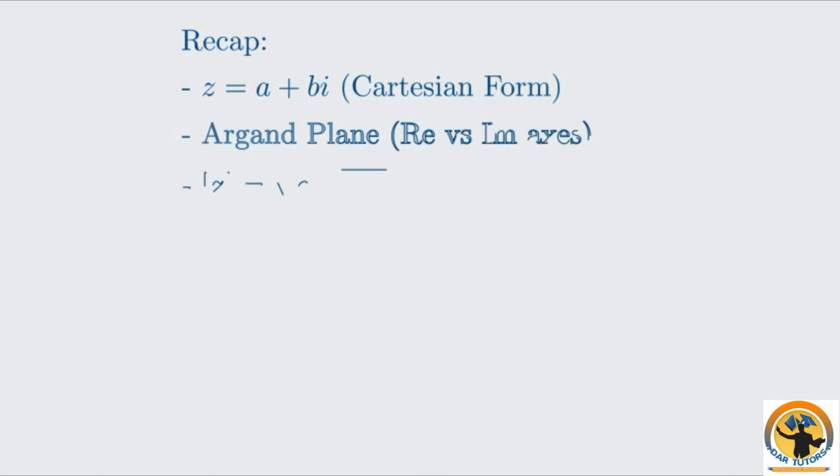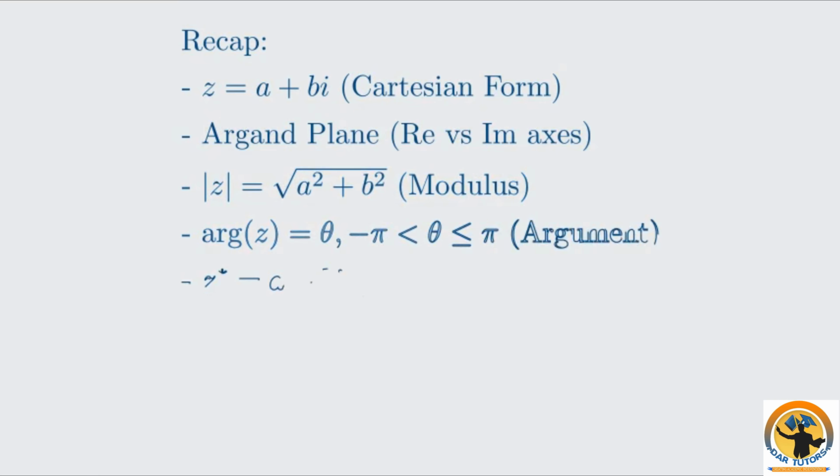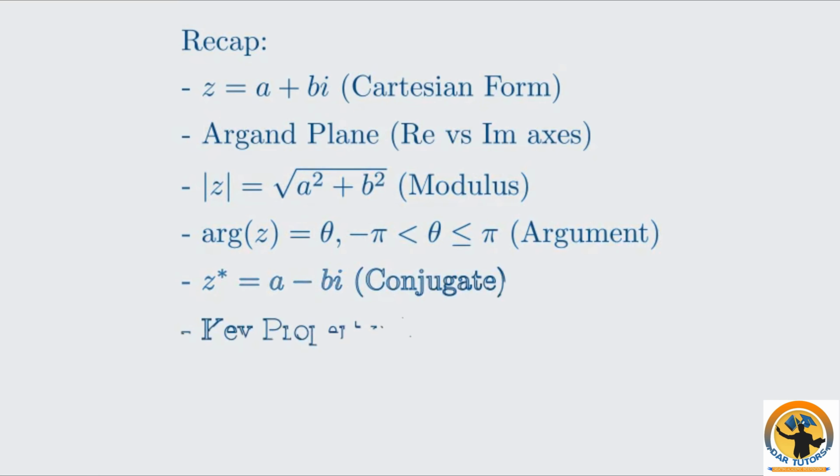We've seen how to perform basic operations like addition and subtraction, both algebraically and geometrically, and we've explored the properties of the complex conjugate and modulus, which are essential tools for solving more complex problems. You are now equipped to tackle problems involving the representation and basic properties of complex numbers. In our next session, we will explore the geometry of complex numbers in more detail, including distances, midpoints, and transformations.